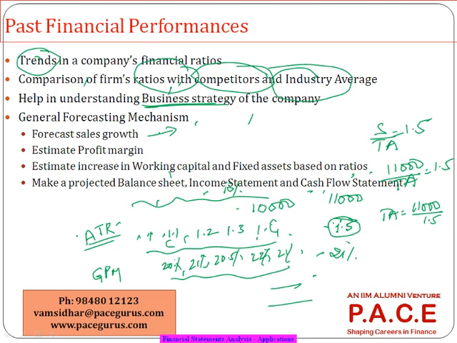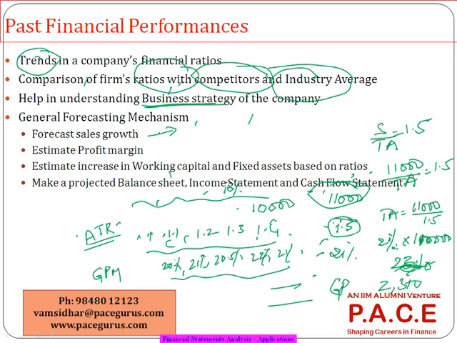So obviously for the next year, 21% of the sales. Sales is 11,000, so I'll take 21% of 11,000, whatever it is, right? 21% of 11,000, so probably I'll say 2,310 is my gross profit.